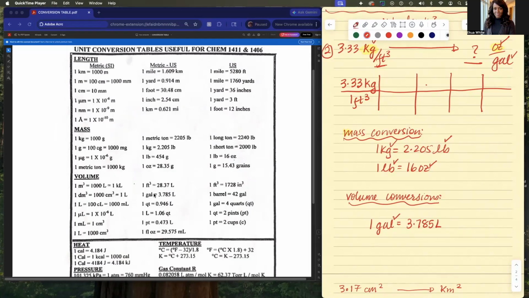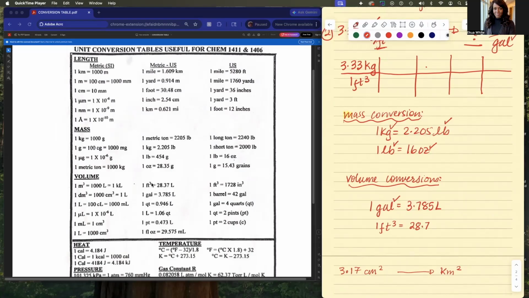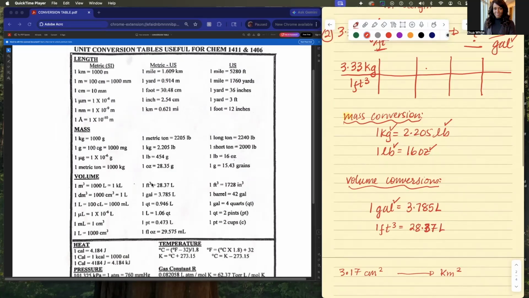Now we have to get the liters to connect to the feet cubed right above it. Great. We have 1 foot cubed equal 28.37 liters. Sorry about that.